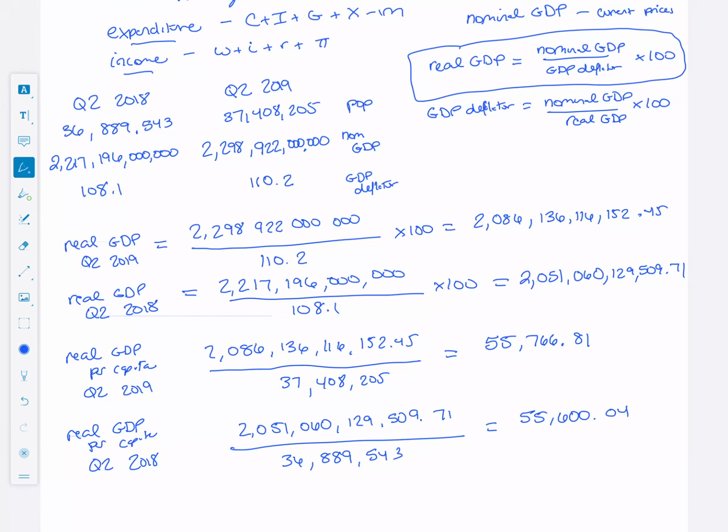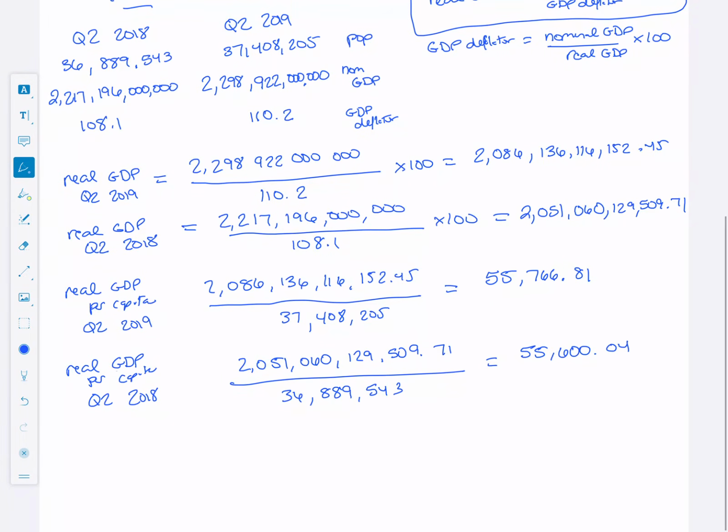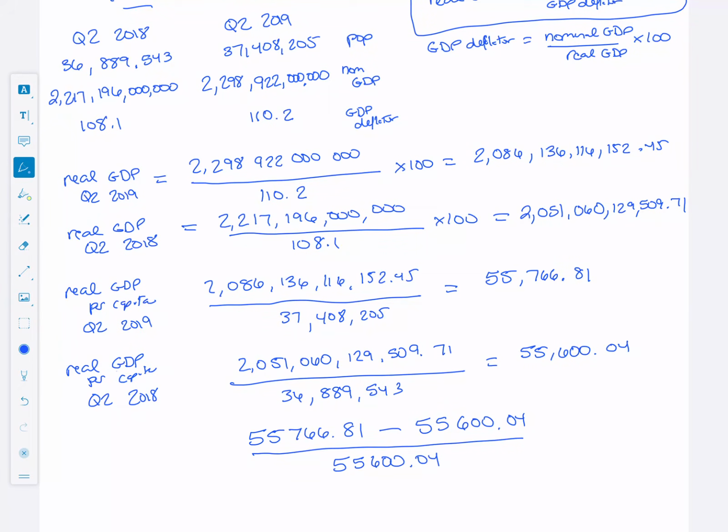All right, so we have real GDP per capita. Now we need to know, if we go back to our definition, the change in real GDP per capita. That change really just means new minus old divided by old times 100. So I'm going to take my new, 55,766.81, minus the old, 55,604, divided by the old, 55,604.